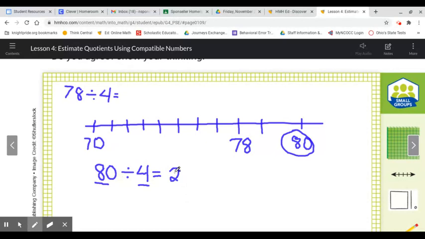And then we have the 0 there from our 80. So 80 divided by 4 is 20. Since 78 is close to 80, and 80 divided by 4 equals 20, Myra's estimate is reasonable.